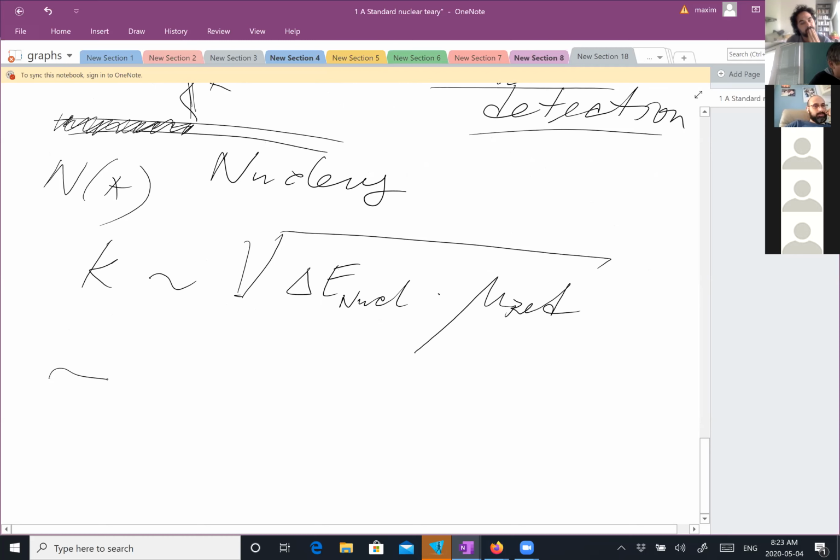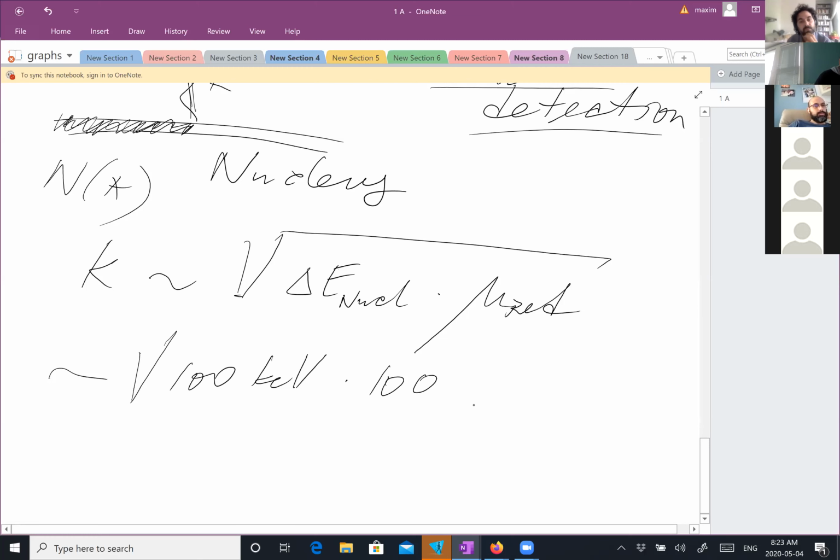Let's just say that we have not a WIMP, but a mass of a dark matter commensurate with the mass of the heavy nucleus. So I put in 100 keV, and 100 MeV, sorry, 100 GeV.